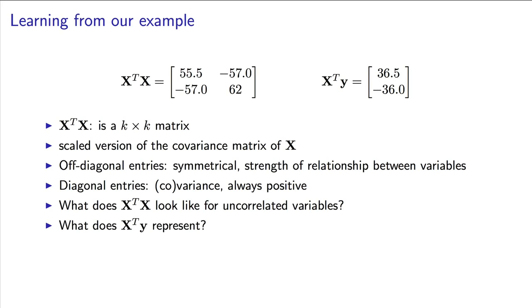Now, if X transpose X represents variances and covariances, what do you think the entries in X transpose Y represent? If you guess that it's the covariance of the entries of X with Y, you're right. The first entry in the X transpose Y result is the covariance of variable x1 with Y, and the second entry is the covariance of x2 with Y.